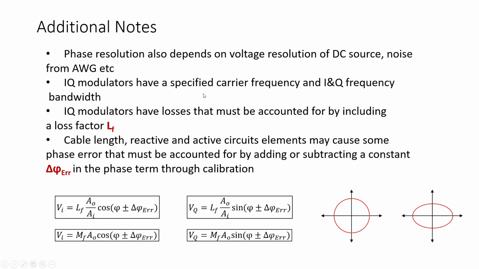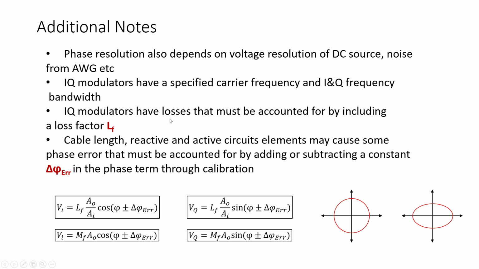So when one is buying an IQ modulator, they should be aware if the required output frequency is within the specified carrier frequency range of the IQ modulator, and if we can apply a DC voltage as I and Q input.